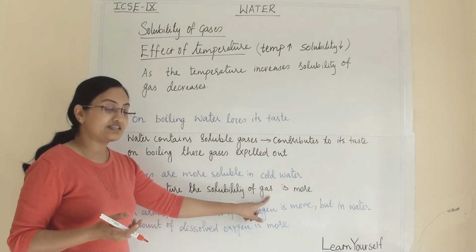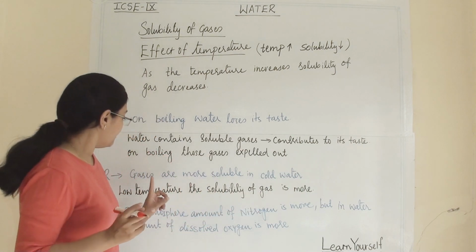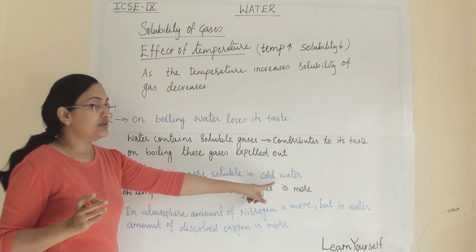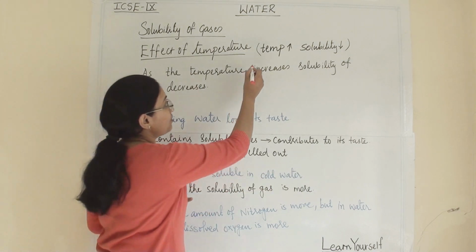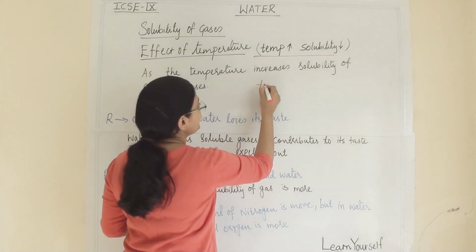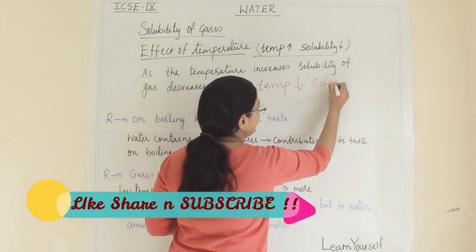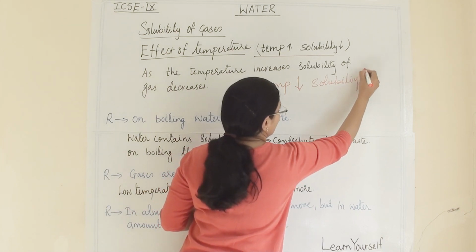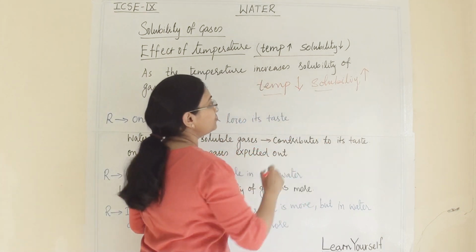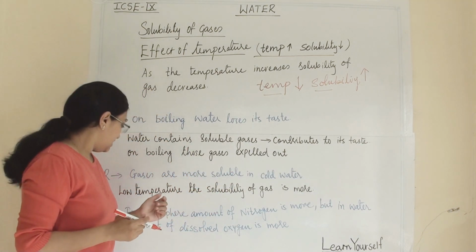When the gases are dissolved in it, it tastes better. So gases are more soluble in cold water because their solubility increases. We can also write this as: as temperature decreases, the solubility increases, because temperature and solubility are inversely proportional to each other.